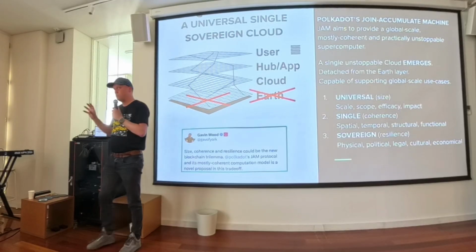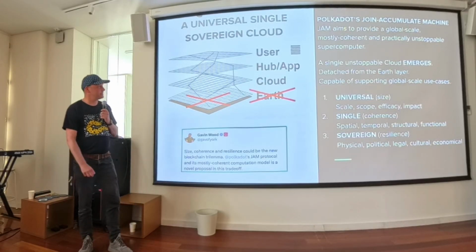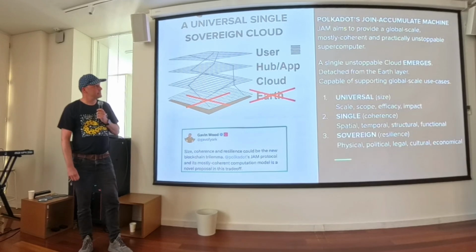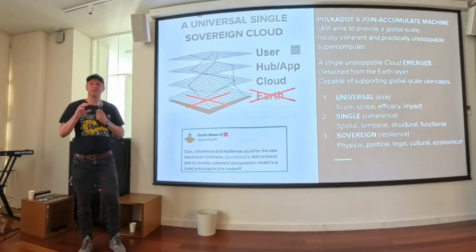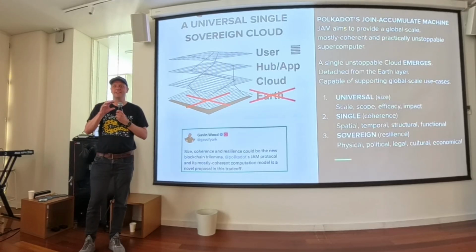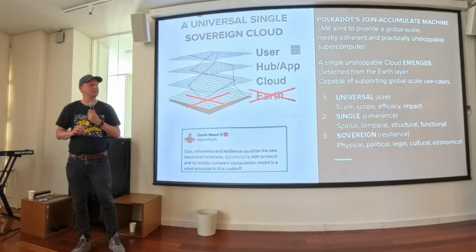So what Polkadot does is to create this global scale, coherent, unstoppable supercomputer. And this cloud emerges, which is very different in nature than all these other clouds we have.